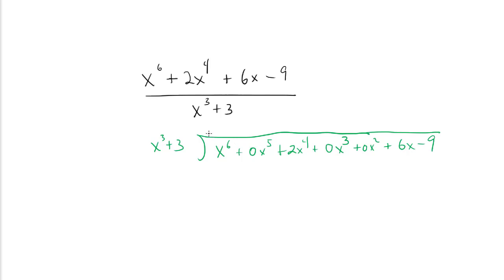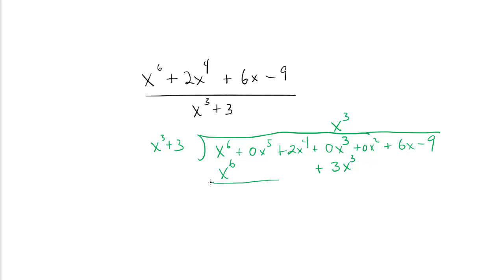Okay, so what do I need to multiply x cubed by to get my x sixth? I'm going to multiply by x cubed, 1x cubed in that column. The x cubed times x cubed is x to the 6th. My x cubed times 3 is 3x cubed. Well, that's important because remember, if I didn't separate it out, I wouldn't write my 3x cubed in the right column with 0x cubed.